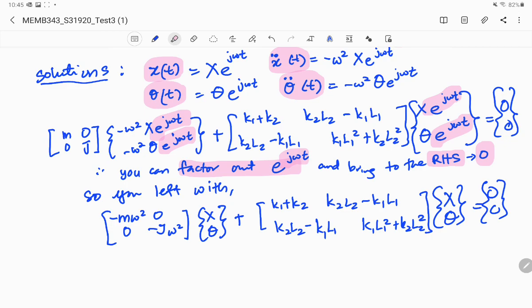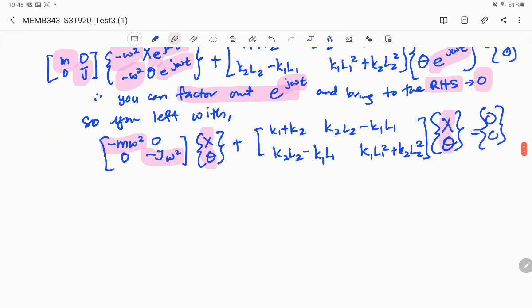You are only left with these expressions. You have negative omega squared here, which you have to times with your m and your J. So that's why you have negative m omega squared and negative J omega squared. You can see you have your X and theta both, and you can combine the terms in that case.